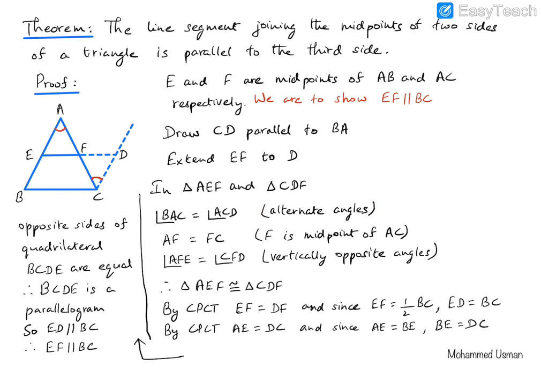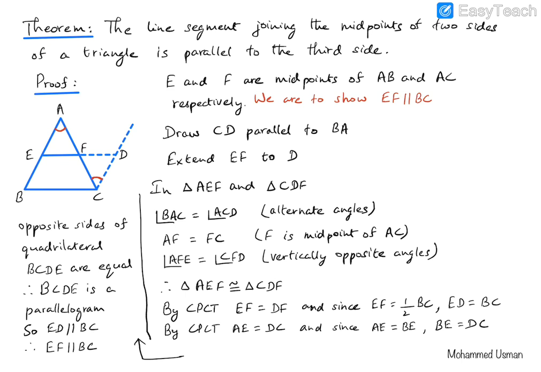The next thing is that the side AF is equal to the side FC, because F is the midpoint of AC. By our construction, we are joining E and F, which are the midpoints of AB and AC. Since F is the midpoint of AC, AF is equal to FC. And finally, the angle AFE and the angle CFD are also equal.